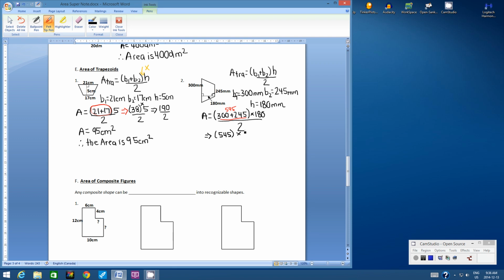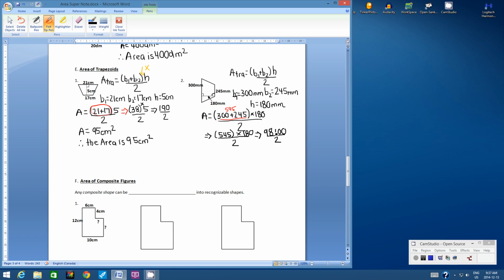Then it's multiplied by the height, which is 180, all over 2. Okay, let's find the new numerator. 545 times 180. Using your calculator, solve for that. I got 98,100. Don't forget, we have to divide it by 2.